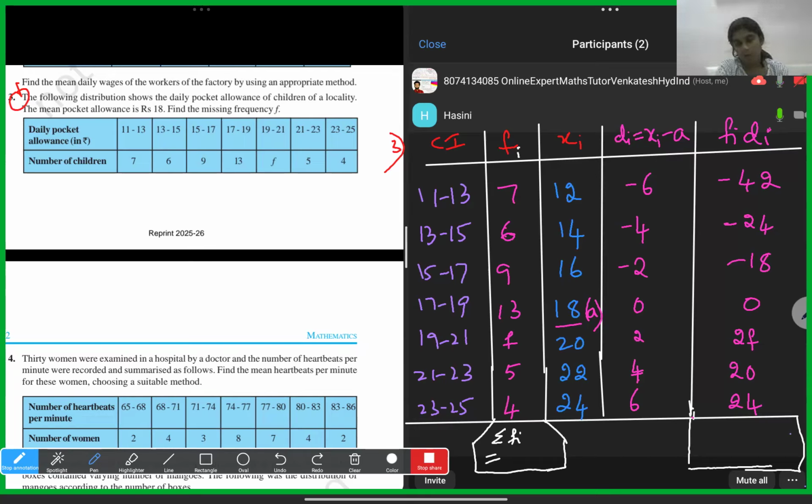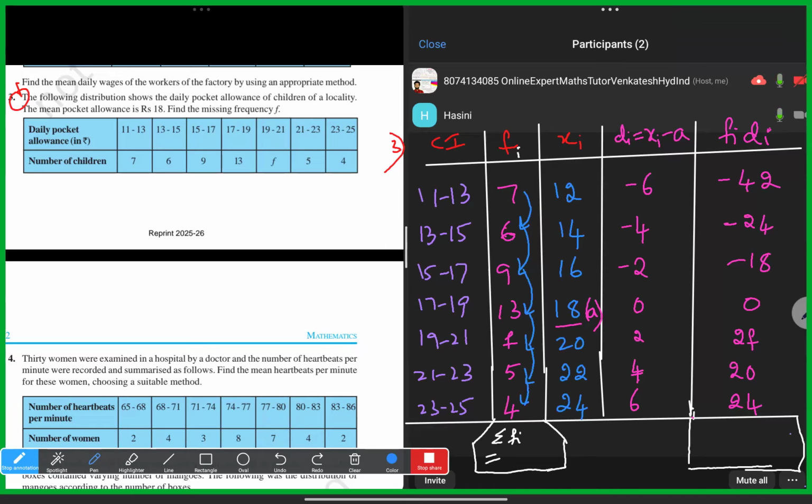When we add it, 7 plus 6, 13, 13 plus 9, 22. 22 plus 13, 35. 35 plus 5, 40. 40 plus 4, 44. 44 plus f. So it will be 44 plus f only.